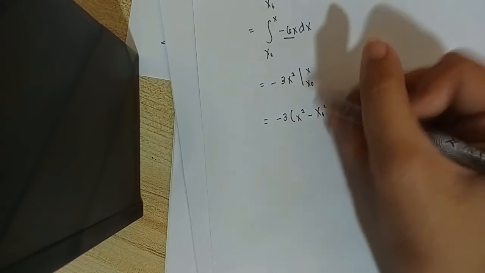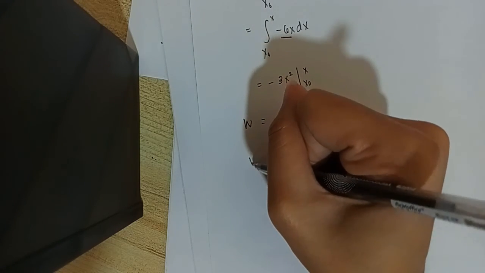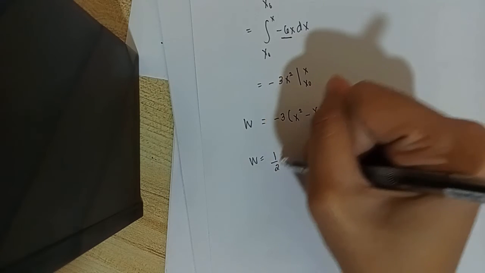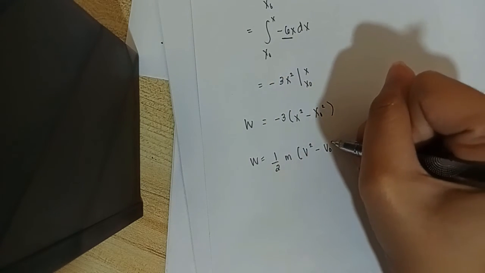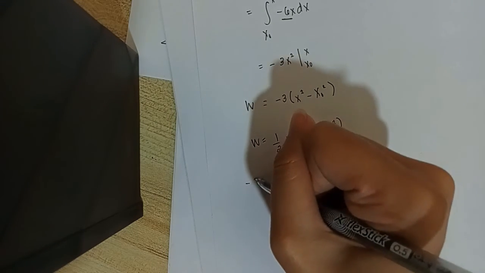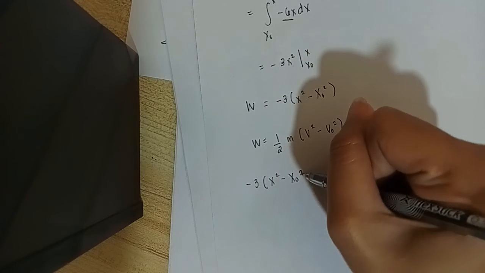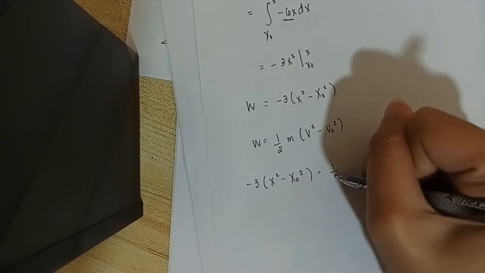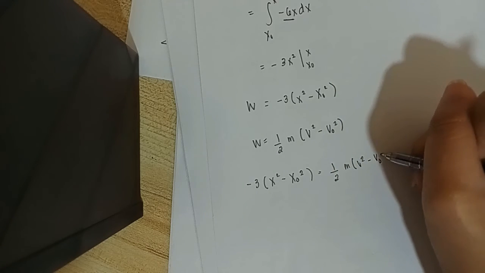Next, we already have our work there. Formula again, which is work is equal to kinetic energy, which is equal to 1/2 mv squared minus v sub 0 squared. Our work will be negative 3 multiplied by x squared minus x sub 0 squared is equal to 1/2 mv squared minus v sub 0 squared.